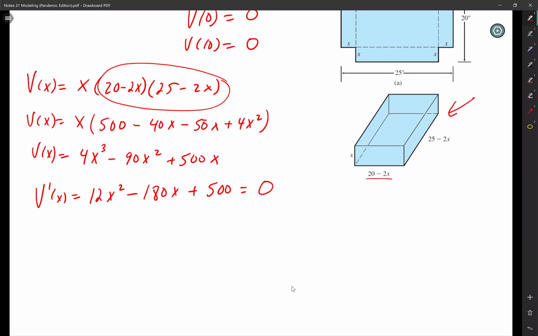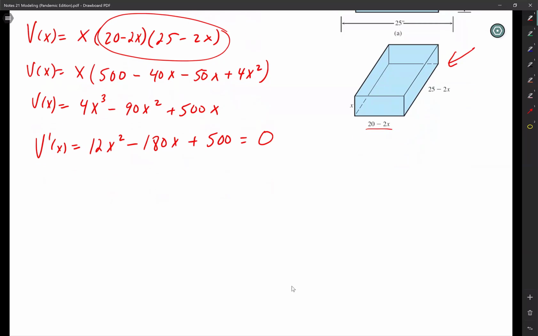Is there an easy way to figure out what x is, guys? Did we learn something in Algebra 2? Yeah, we can complete the square, but is there another way? Starts with a Q. Quadratic formula, guys. A is 12, B is negative 180, C is 500.